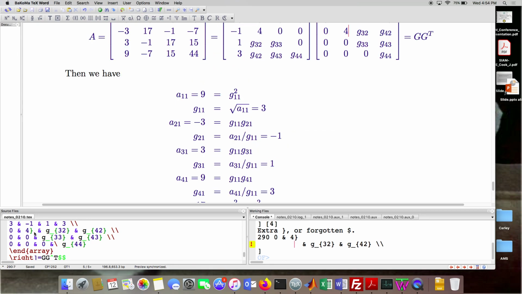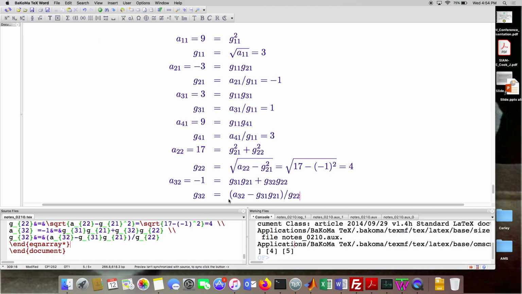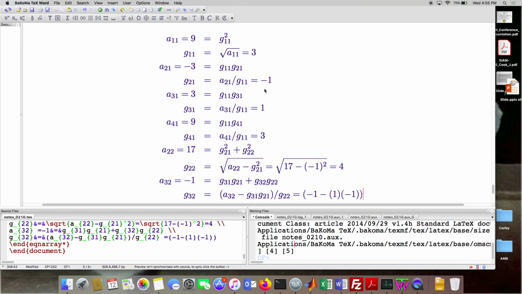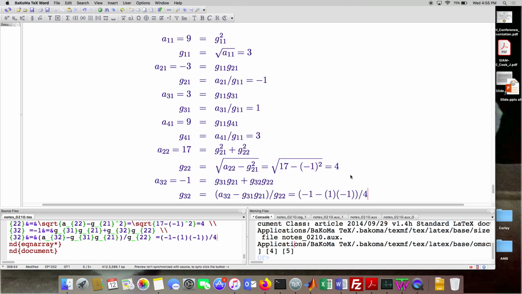All right. So now we have A32 is equal to -1 minus G31, which is 1, and then G21, which is -1, all over G22, which is 4.